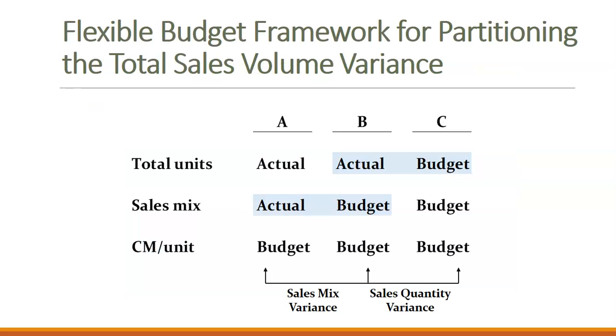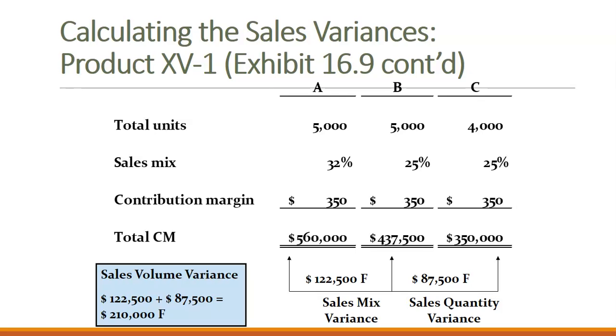So when we're looking at it, the sales mix variance and the sales quantity variance, now we look at the total units we sold versus the sales mix and our contribution margin. So first we have our product, the XB1. Our budgeted sales mix of that product was 25% of sales. We actually sold 32% of total sales.